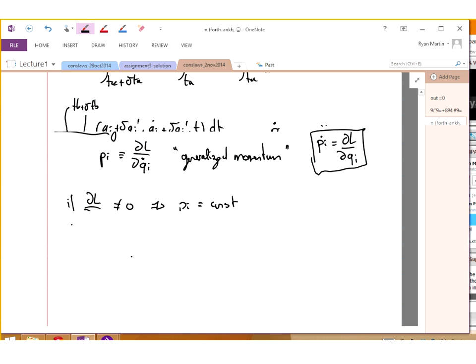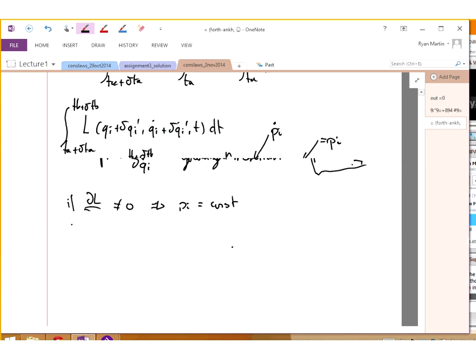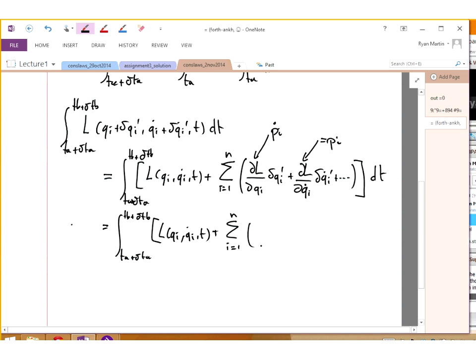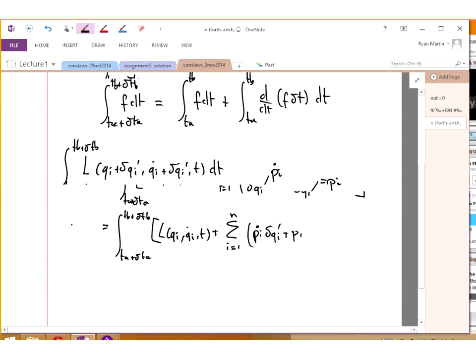So this is equal to the integral from t_a plus delta t_a to t_b plus delta t_b of L at q_i, q_i dot, t plus the sum from i equals 1 to n of p_i dot delta q_i primed plus p_i delta q_i dot primed.